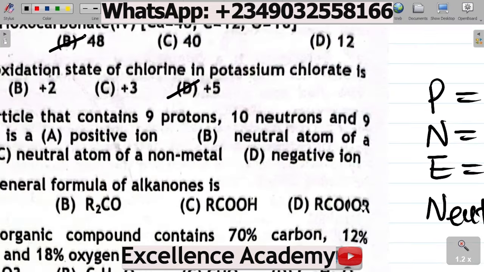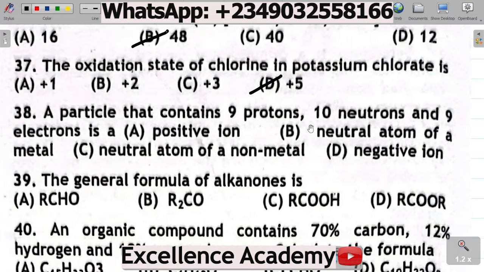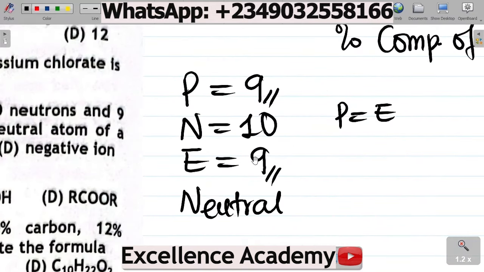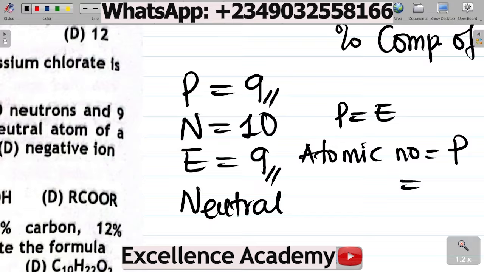In the question, they ask, is it a neutral atom of a metal or a neutral atom of a non-metal? Now, how do we know that? We know that the atomic number is equal to the number of protons. For this question, the number of protons is 9, so the atomic number is 9.